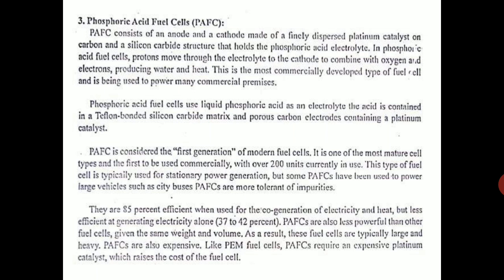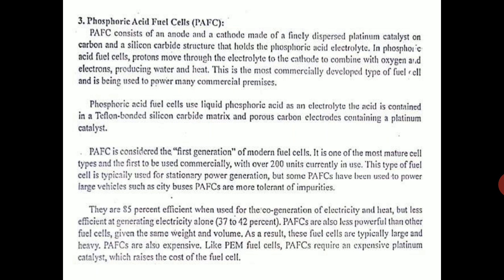PAFC is also less powerful than other fuel cells given the same weight and volume. Especially when you are using these fuel cells for transport or mobile applications, the question of weight and volume comes up, because we have limited space in a car or bus. With the technologies we have now, like petrol and diesel, we carry less quantity of fuel and it can take us long distances.